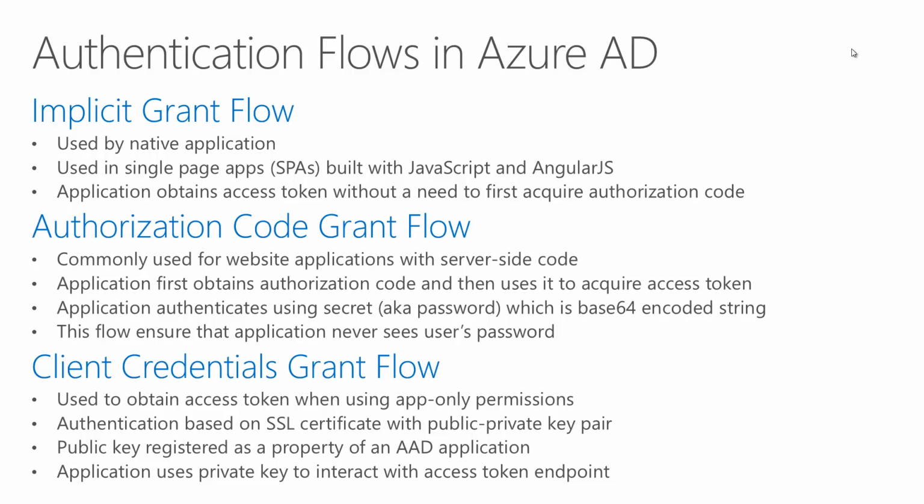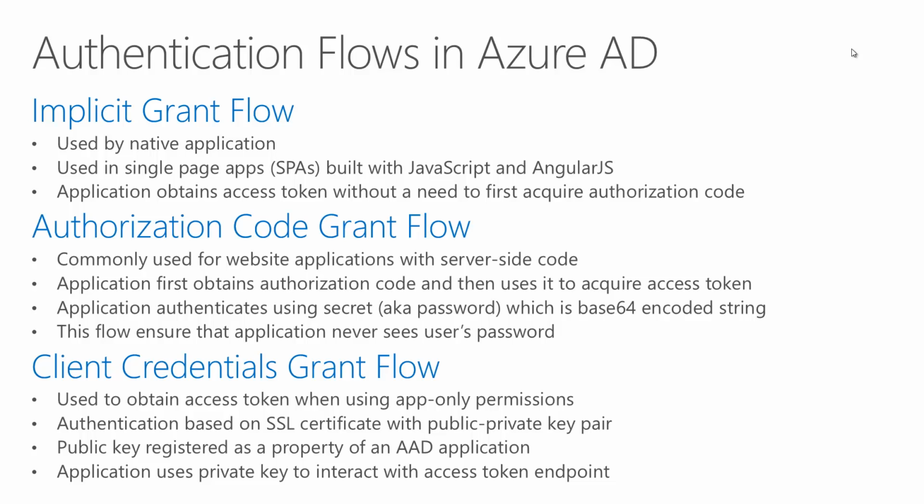And if you've used S2S with on-prem and SharePoint app authentication, it's similar, because when you use client credential grant flow, you have to create a SSL certificate with a public-private key pair. The public key then has to be registered with Active Directory, and then you basically have to have the private key accessible to your application, which then is able to get the private key and send it when it authenticates.